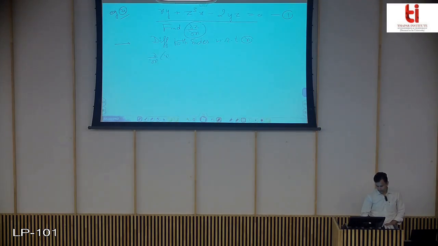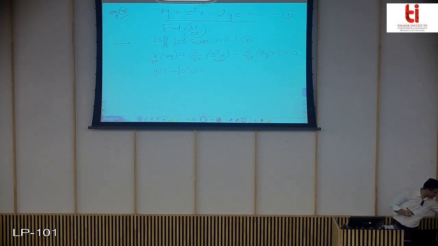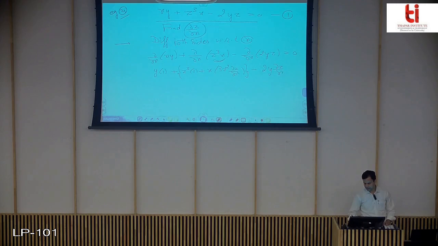For the first term, y is constant, so this is y into 1. Then for z cube x, first I take z cube as such and differentiate x, that is 1. Then you keep x as such and differentiate z cube, which gives 3z square del z by del x. Here again y is constant, and the derivative of 2yz gives 2y del z by del x. The right side is 0.